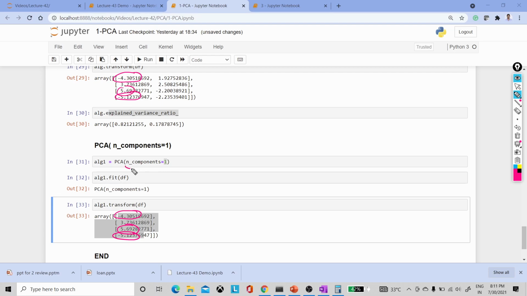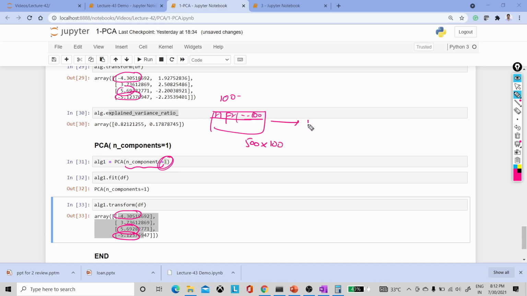So here, number of components means how many you want. For example, your data contains 100 rows and 100 columns of features, which means your data contains feature 1, feature 2 up to feature 100. So 100 records, 100 samples, and 100 columns.